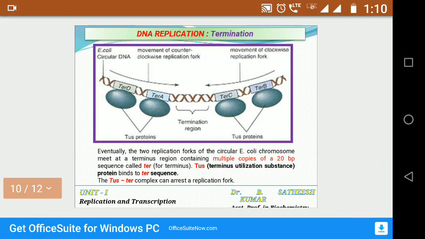Okay, so now the last topic, the last stage, is termination. Once the DNA polymerase reaches a termination region, like that of the origin sequence, it has a termination sequence known as the ter sequence.